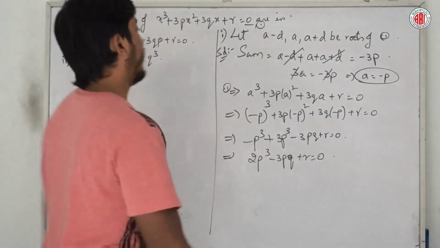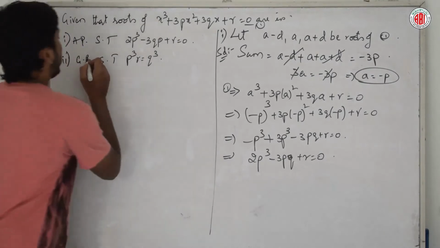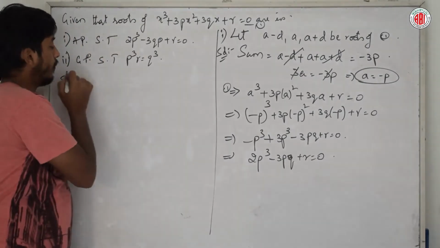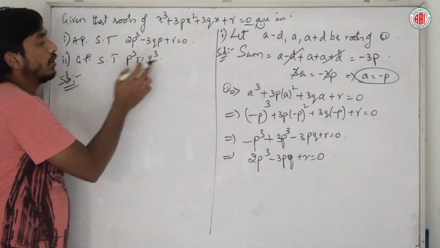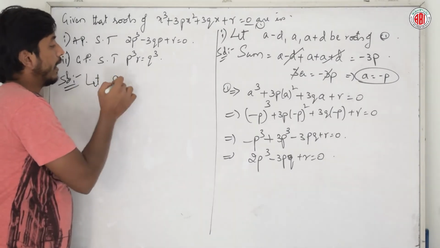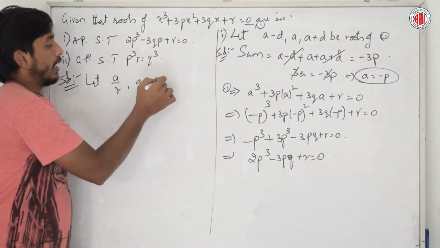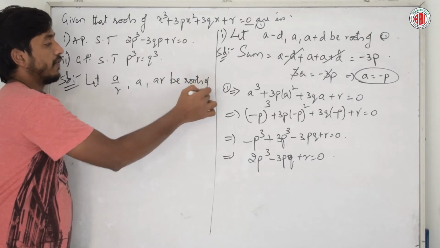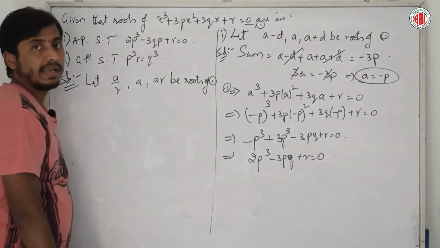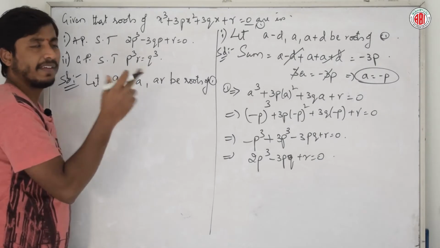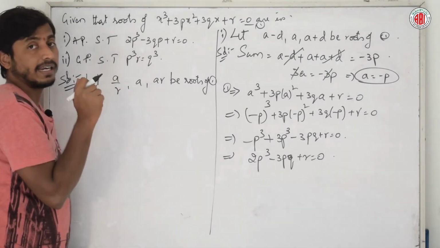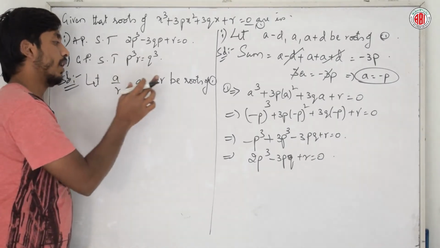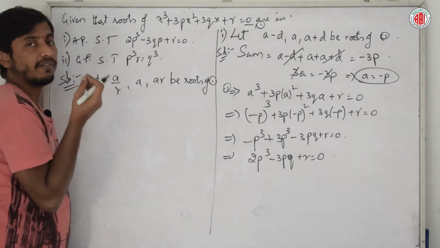Okay, what if they ask you that roots are in GP? How do we do? Let a by r, a and ar be roots of 1. Then since if we add all those 3, d will get cancelled. Then what to do? So that r gets cancelled, we have to find the product.